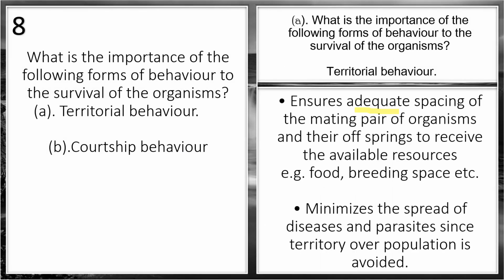It ensures adequate spacing of the mating pair of organisms and their offsprings to receive the available resources, that is food and breeding space and many others. It minimizes the spread of diseases and parasites since overpopulation is avoided.